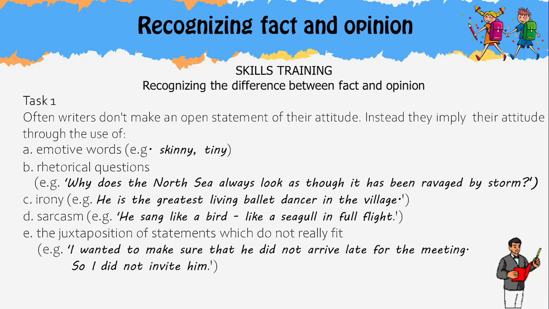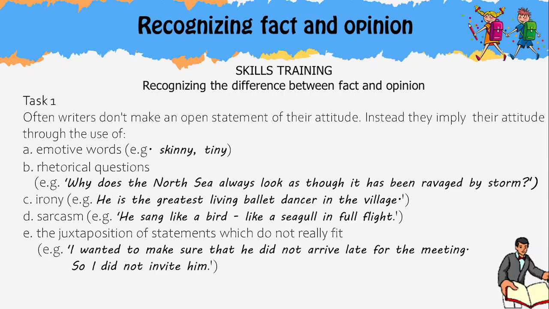And then sarcasm. The sarcasm is like irony, but it is more explicit, yeah. Like he sang like a bird, like a seagull in full flight. Actually, a seagull cannot sing, yeah.